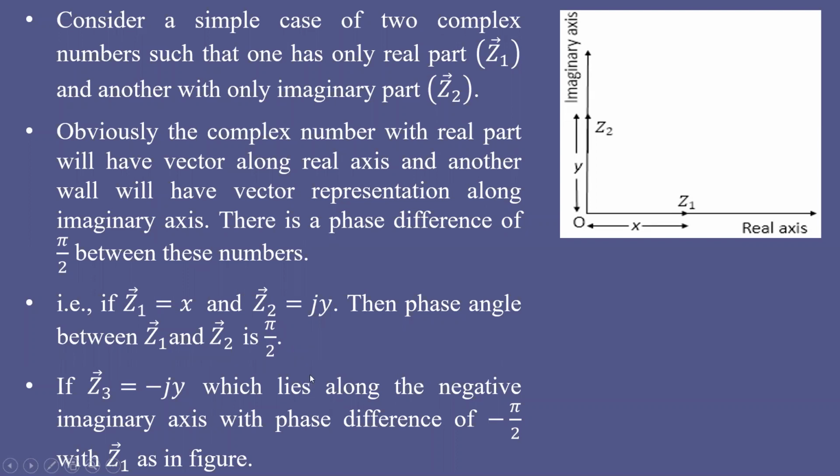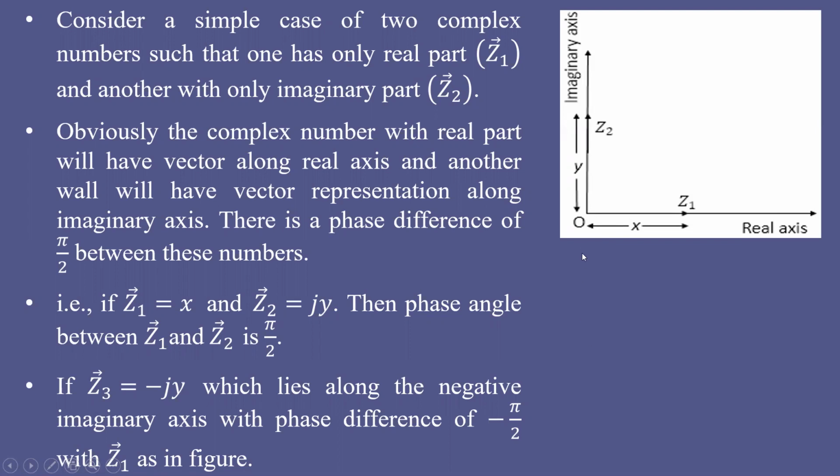Okay. So that means if there are two complex numbers, one having only real part and another having only imaginary part, definitely they are having the phase difference of 90 degree between them, or phase difference of pi by 2 between them. Another example I will take, if Z3 is having the negative imaginary part minus jY, which lies along the negative imaginary axis. Remember, this is the positive Y axis, that is the positive imaginary axis.